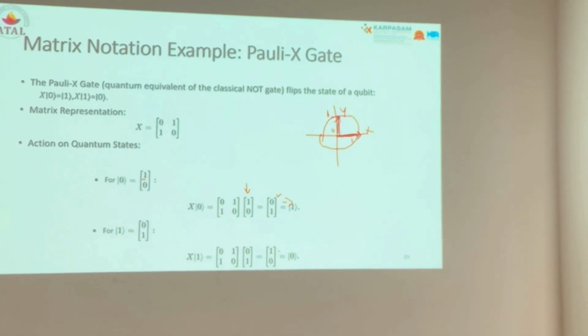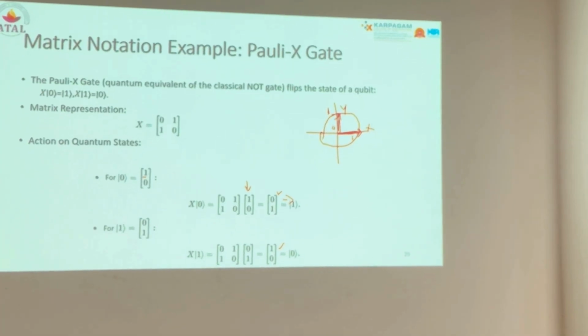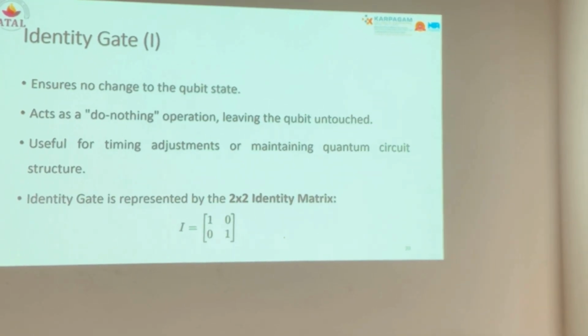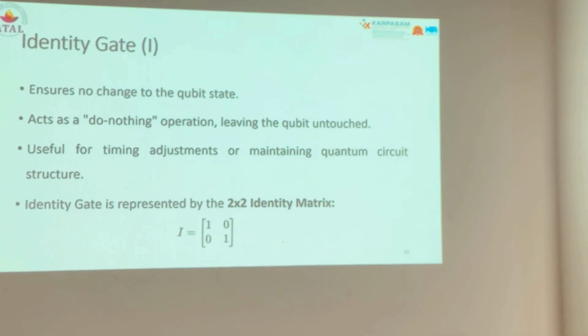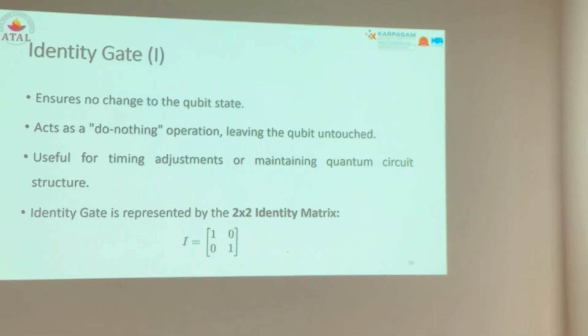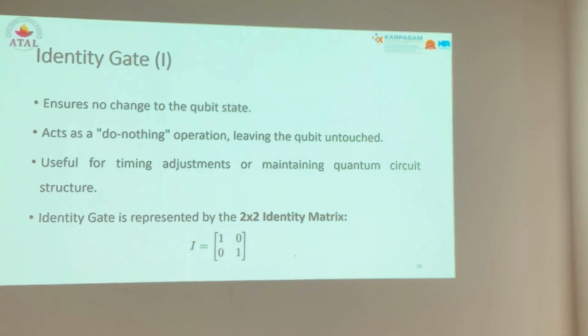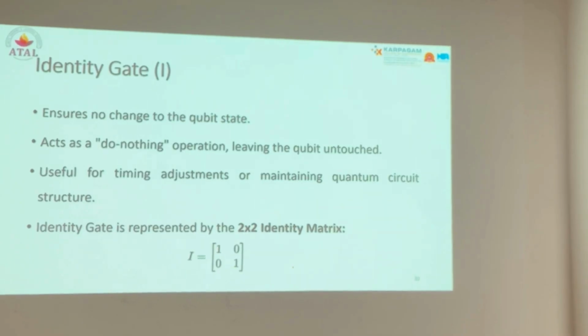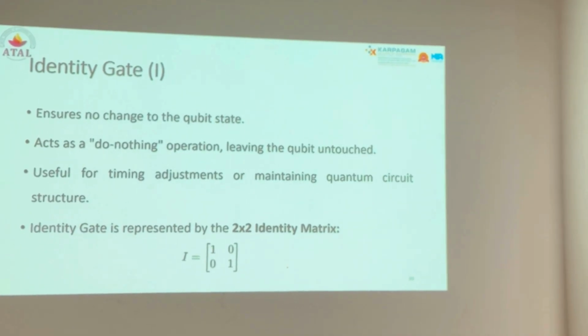This is the unitary matrix representation. In a similar way, we have another kind of gate, the identity gate, which does nothing. It ensures no change in the qubit state. It is a do-nothing operation, represented by the identity matrix. It is also a unitary matrix.